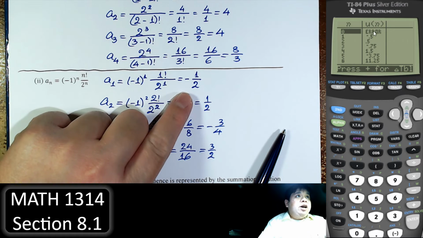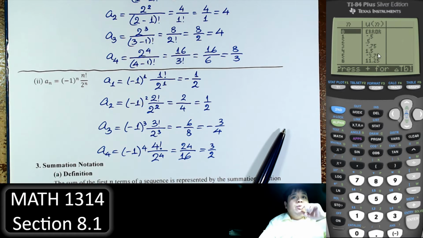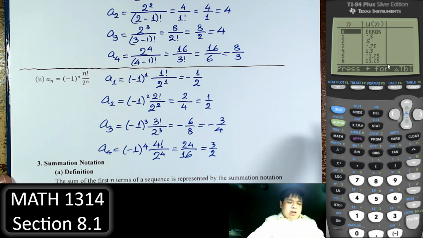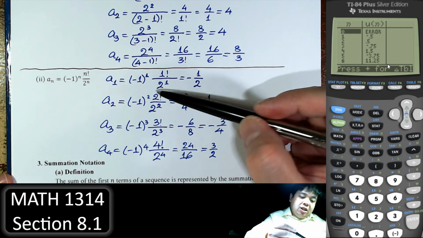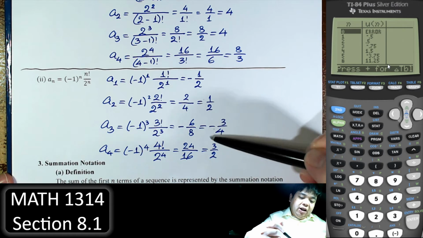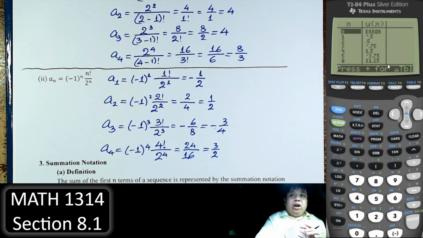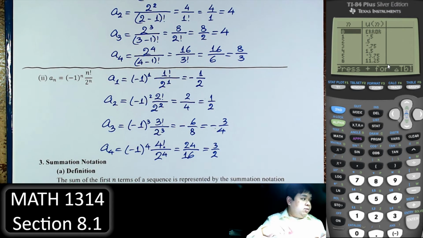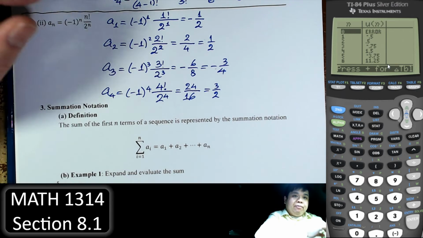Alright, negative 1 half, negative 3 over 4, and 3 over 2. Right, just one thing though, when we see the negative 1 raised to the n power, the signs alternate: negative, positive, negative, and positive. So negative 1 to the n, or negative 1 to the n plus 1, or negative 1 to the n minus 1, those will change the sign. That makes the terms alternate in sign.